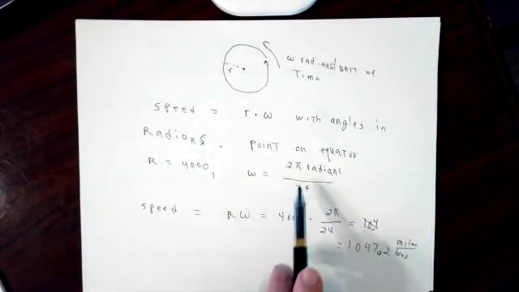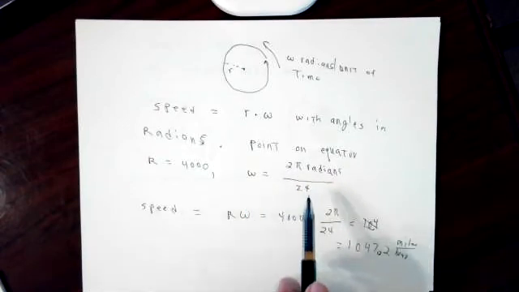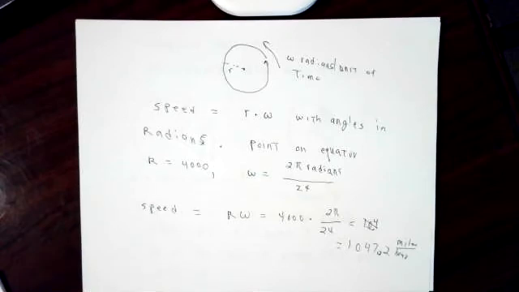So omega is going to be 2 pi radians over 24 hours. According to this claim, the speed of a point on the equator is going to be 4,000 times 2 pi over 24, which works out to be just a little bit more than 1,047 miles per hour. That's how fast a point on the equator is moving with respect to the center of the Earth.